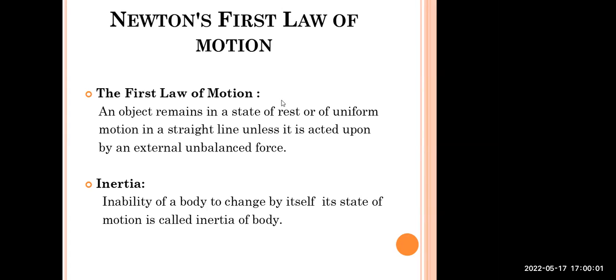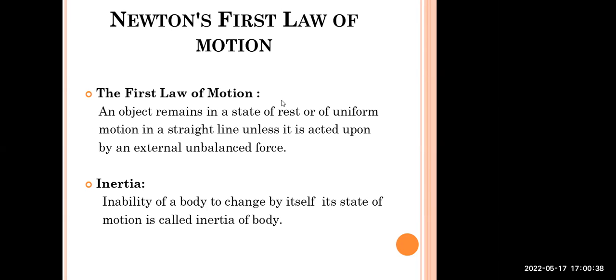An object remains in a state of rest or of uniform motion in a straight line unless it is acted upon by an external unbalanced force. Now, we have seen what is meant by unbalanced force. Okay. So, what Newton has stated is that if there is a rock in the middle of your road, unless and until we apply a force, the rock will be present over there for years, right?